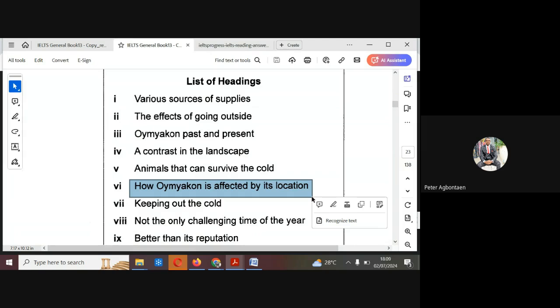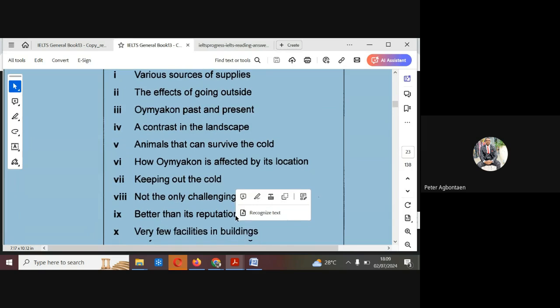Any paragraph of this part that tells you about the location of Oyemakon and how that location affects it will be the answer to that particular paragraph.